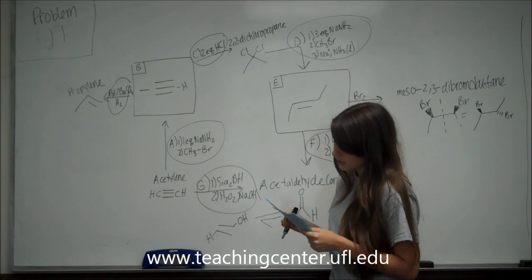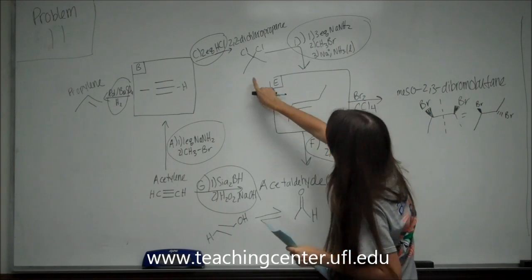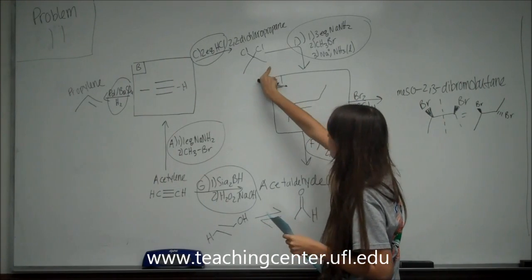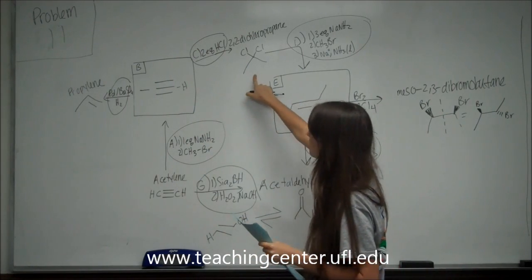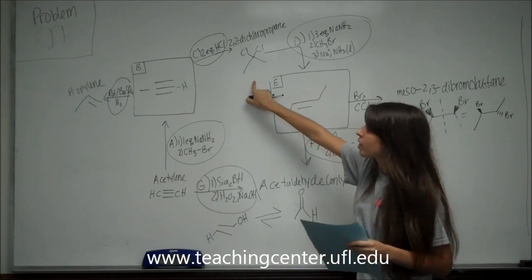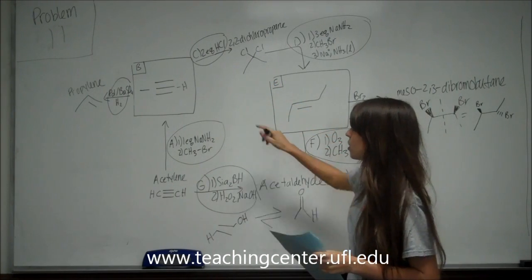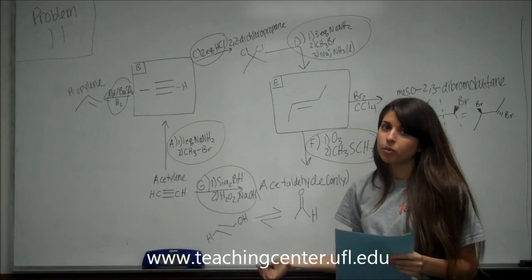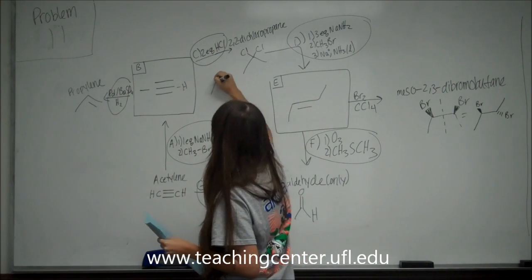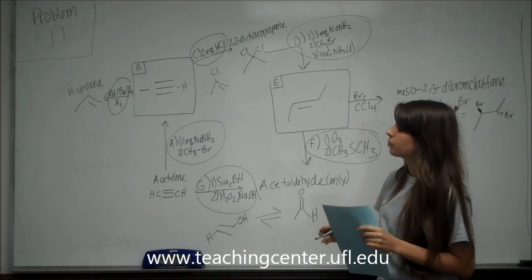Then I just went on to part C. I drew out again 2,2-dichloropropane, and to get from a triple bond to a geminal dihalide, we remember to use 2 equivalents specifically of HCl. If you were to only add 1 equivalent, you would have just gotten this, which would mess everything up.